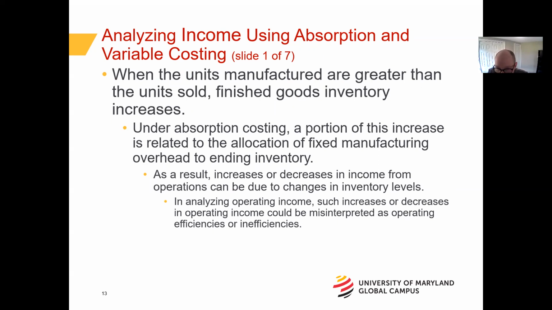The answer is, when I have an increase or decrease with respect to operating income, based on the change in inventory, and I'm talking about absorption costing, it's because the cost of goods sold includes fixed manufacturing overhead in absorption costing. And so that's why there would be such change.